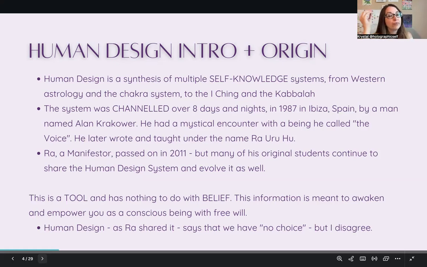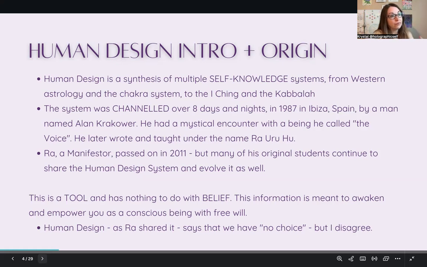Human design is a system, it's a tool. It doesn't have anything to do with belief, so it doesn't matter if you have any beliefs that are going to interfere. It's really just a system of knowledge, and in my opinion, I'm a big fan of take what you need and leave the rest.